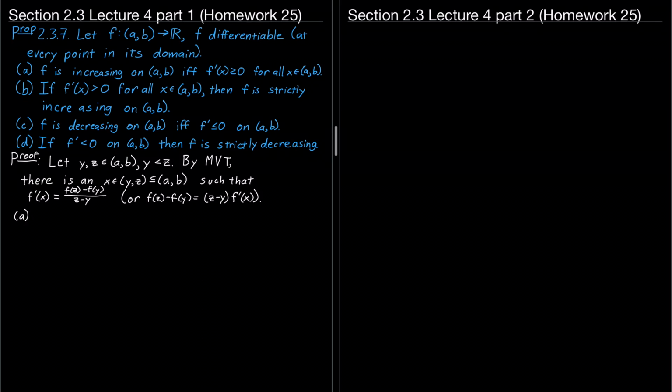So this gives us half of part A. If f prime is always non-negative, then f prime of x is non-negative. So f of z is greater than or equal to f of y. And then you get exactly the same three arguments that you'd expect.